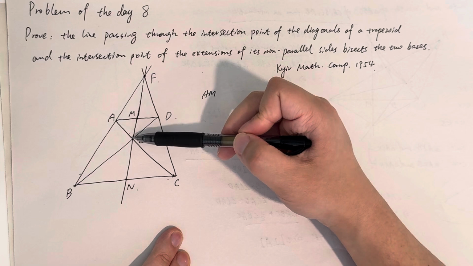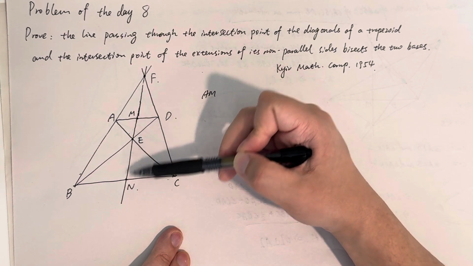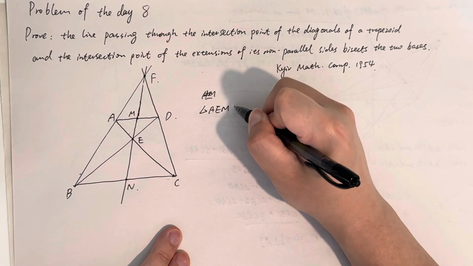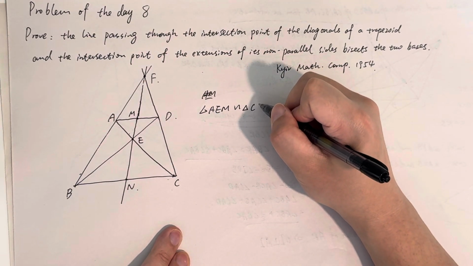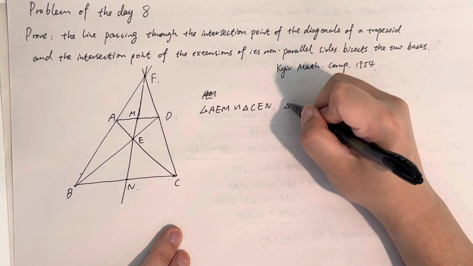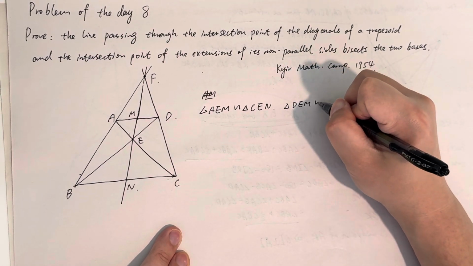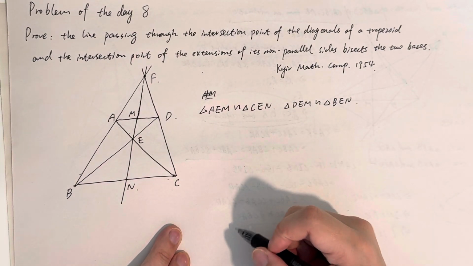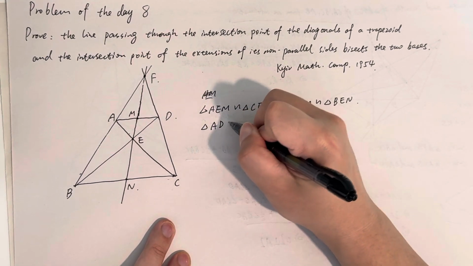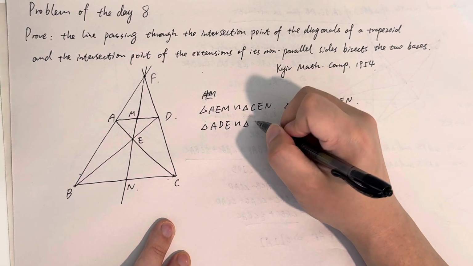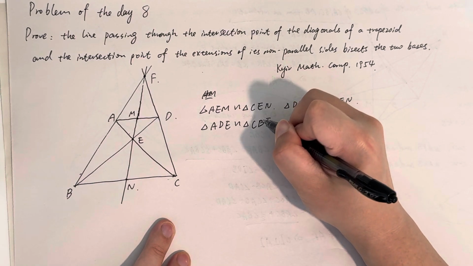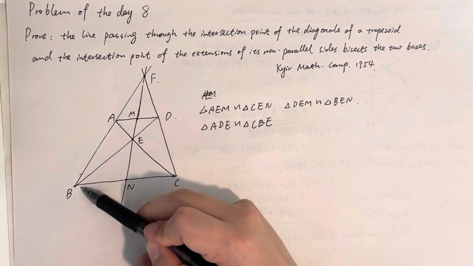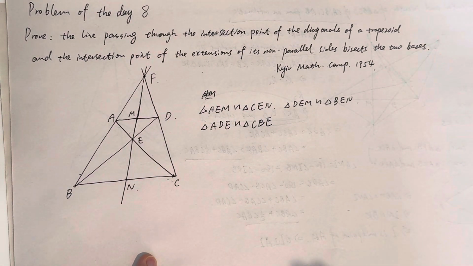That means triangle AEM is similar to triangle CEN, and also triangle DEM is similar to triangle BEN, and also triangle ADE is similar to triangle CBE. That's all we get here.